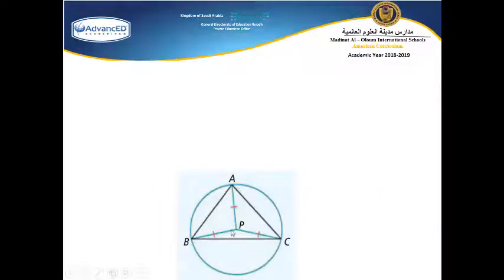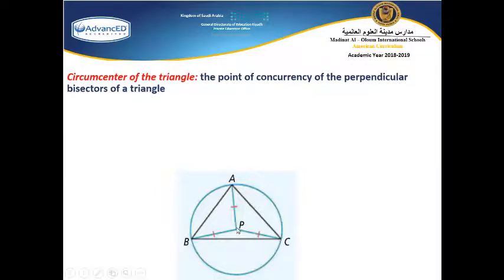Here, the point of intersection of these perpendicular bisectors is called the circumcenter. The circumcenter of the triangle is the point of concurrency of the perpendicular bisectors.